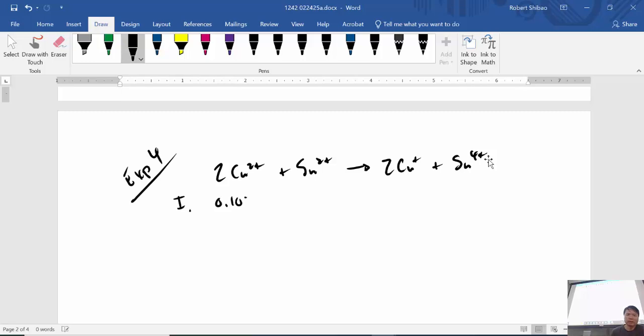Initially I'm going to have 0.100 moles of this, 0.050 moles of the tin, 0 moles of the copper, plus 0.100 moles of the Sn4+. And there's going to be some change, and there's going to be an equilibrium state consisting of the amounts at the end of this reaction.